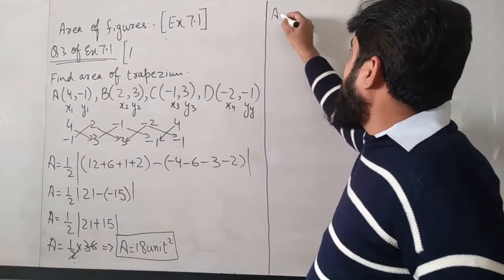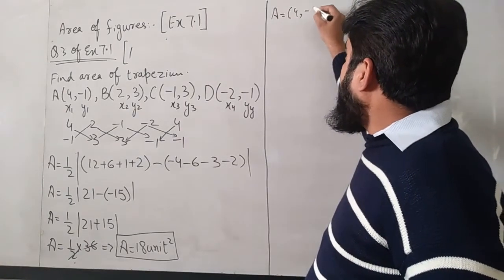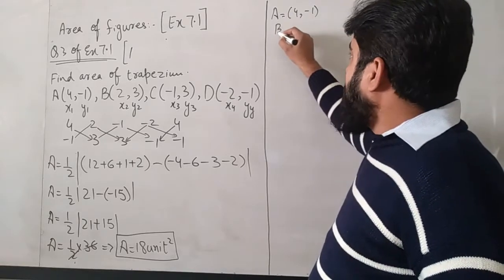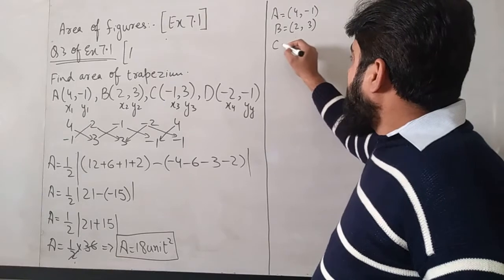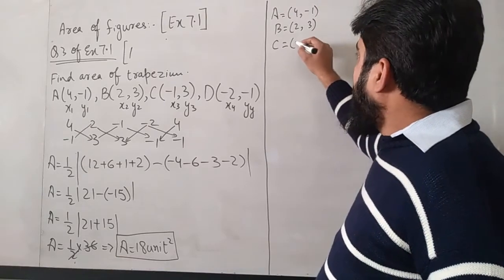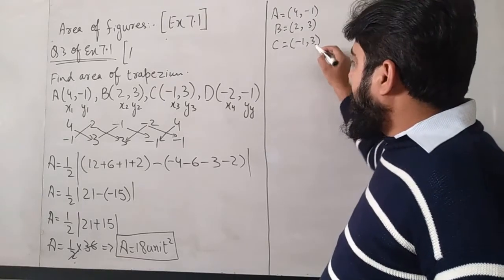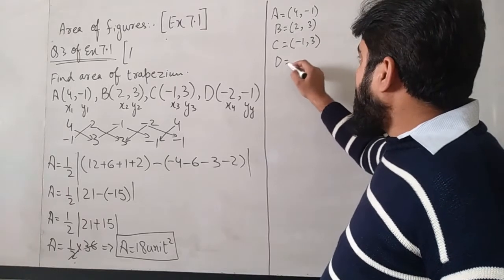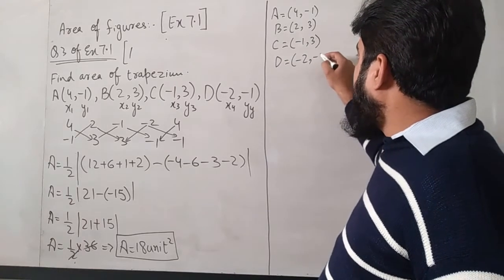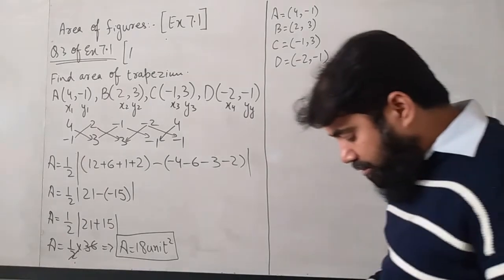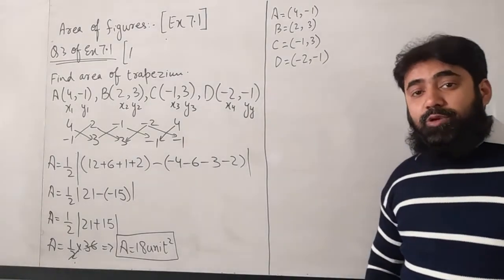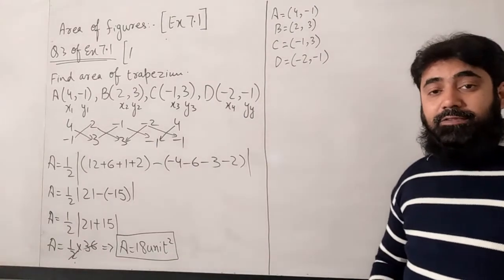A equals (4, -1), B equals (2, 3), C equals (-1, 3), and D equals (-2, -1). Right? This is the thing. So now I am going to see whether I have some repeated values or not.